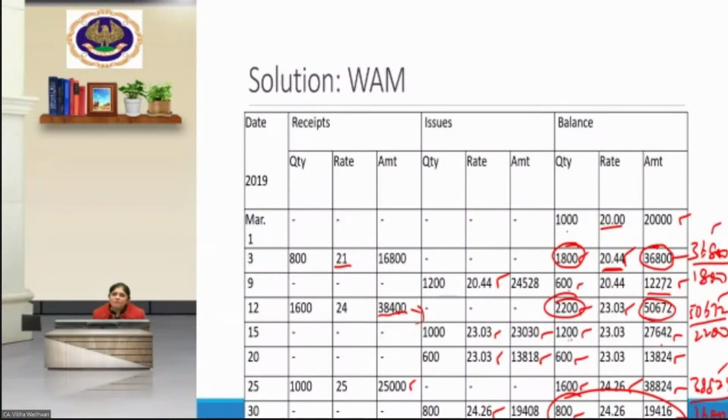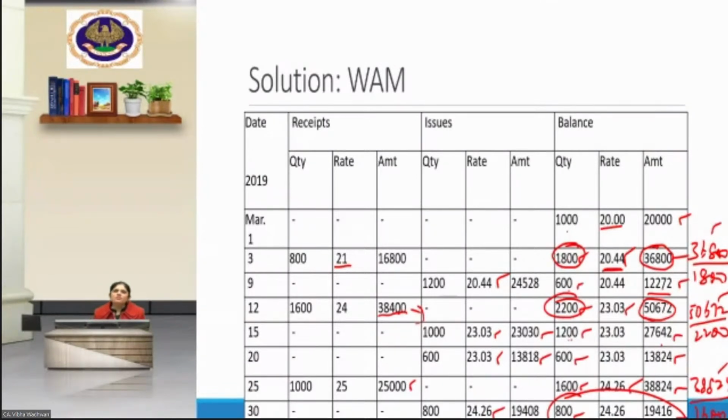But weighted average should be used when there is huge difference between the quantities. In one lot, you're purchasing 100, in another lot, 200, in another lot, 250. So when there is variation in quantity and also quality of raw material, then weighted average rate should be used. Clear? Simple average is for uniform purchases.